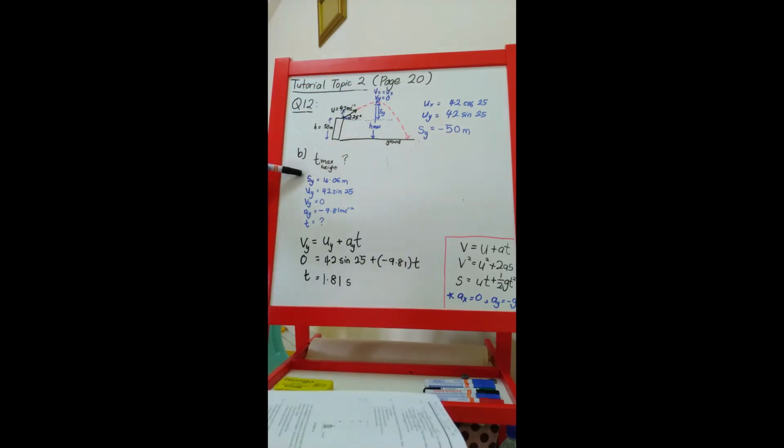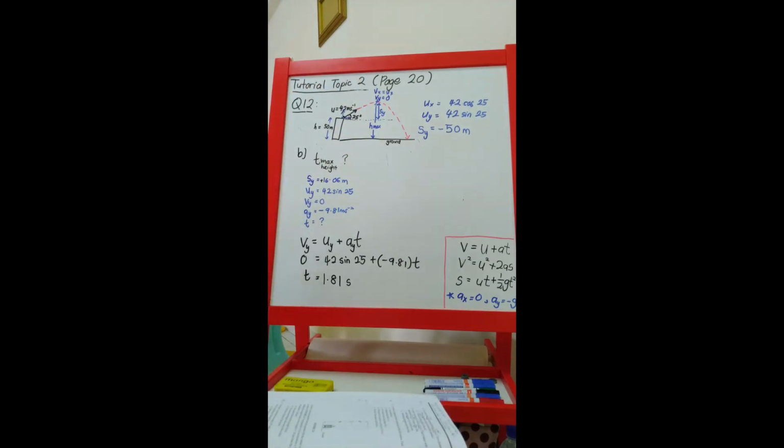The information you have is the height from this point to that point, sy, which is 16.06. Positive, because the initial point is here and the final point is here, and final is above initial, therefore positive.